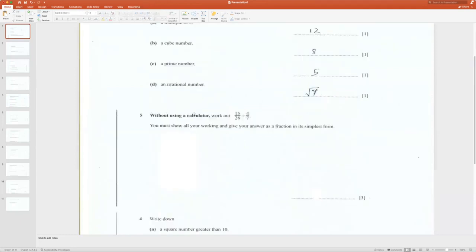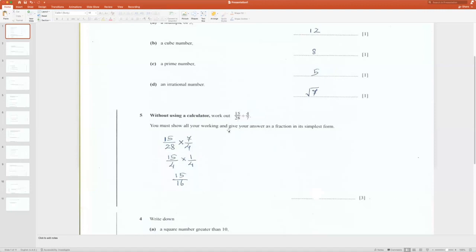Without using a calculator, we have to work out this. So we know the order of operations. Here only 2 parts are there, otherwise we would have to use BIDMAS or BODMAS. This is a division, so we change it to multiplication and take the reciprocal of this value.